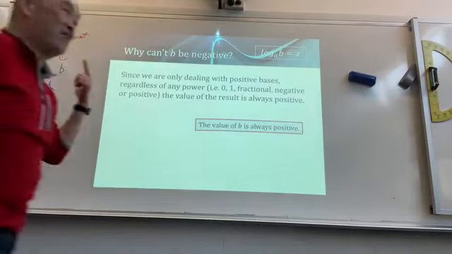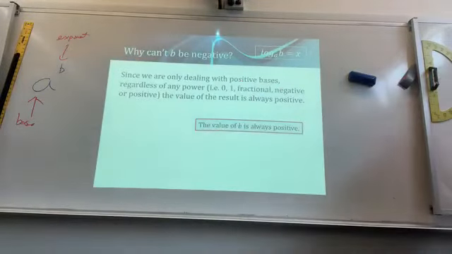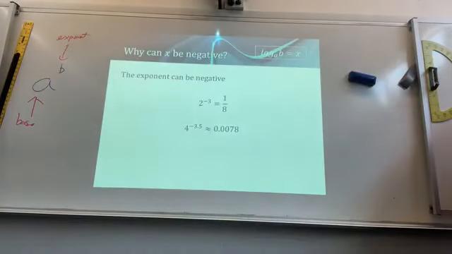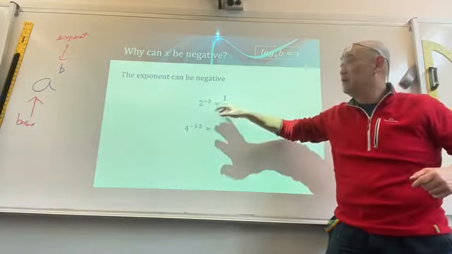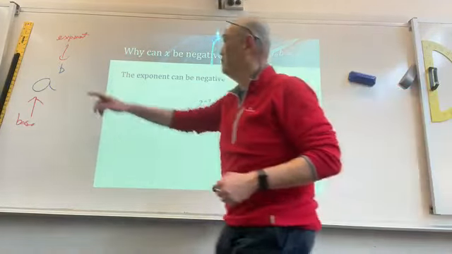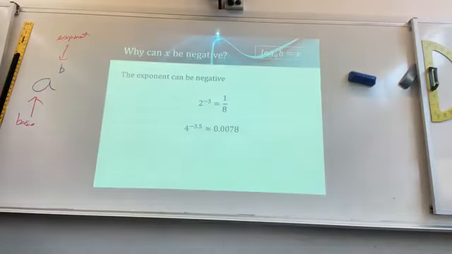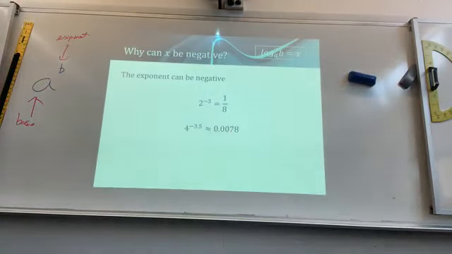Now, last but not least. Why can X be negative? Because if you have a fraction situation like 2 to the power of minus 3, that is 1 over 8. So log base 2 of 1 over 8 is minus 3.